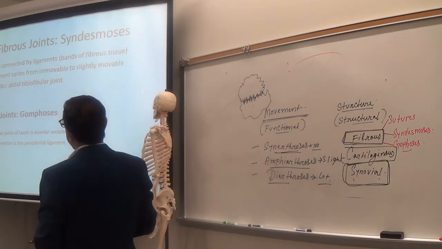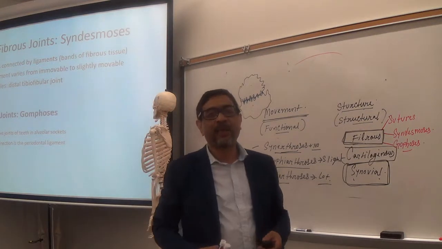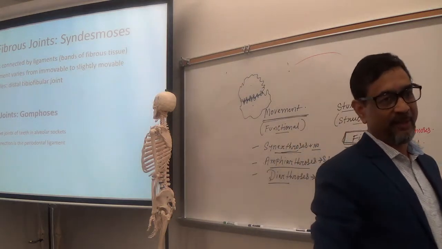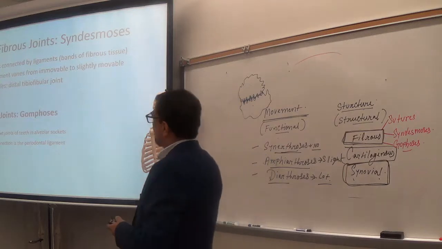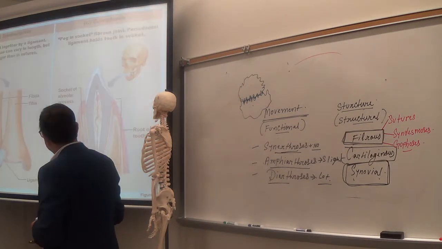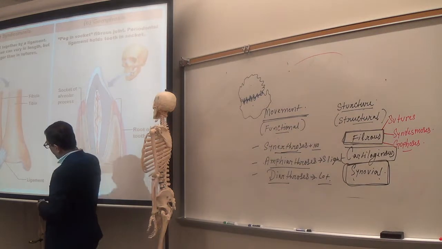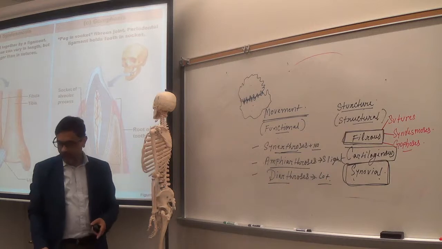Then, if you see syndesmosis, bones are connected by what? Ligaments. For example, the distal tibiofibular joint. Here, the lower end of tibia and lower end of fibula, leg bones.